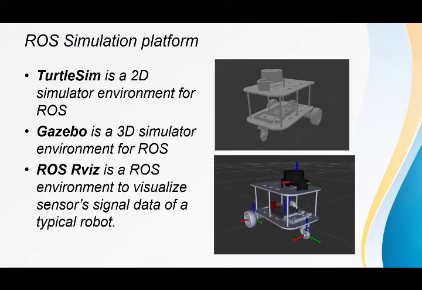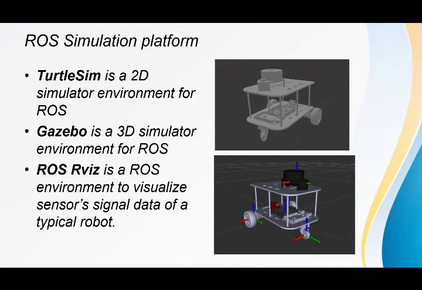In your ROS simulation platform, aside from tools and packages, ROS has simulator environments so you can test run your robot before bringing it into the real world. We have TurtleSim, which is for 2D. Then we have Gazebo, which was used in ROS 1, and Ignition, which is currently being implemented in ROS 2.